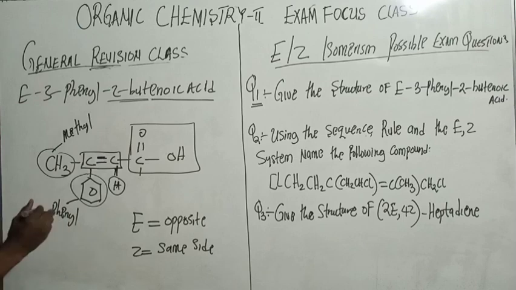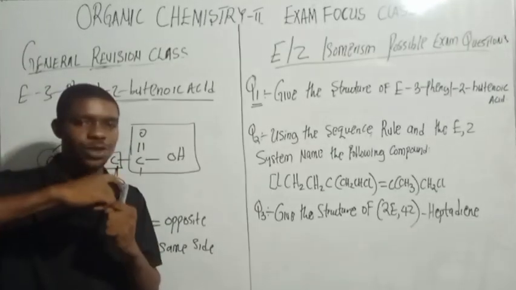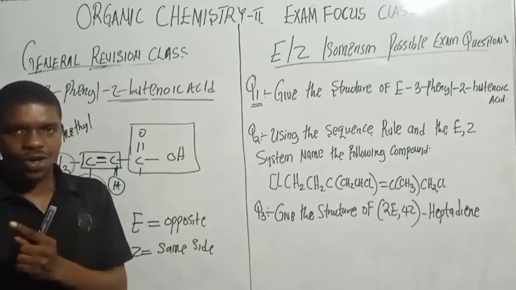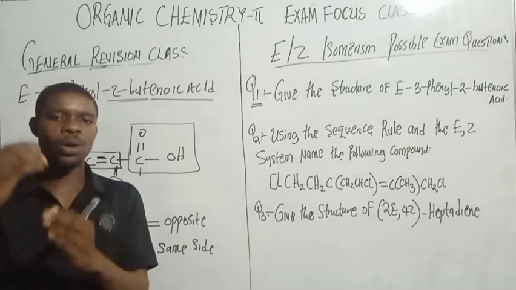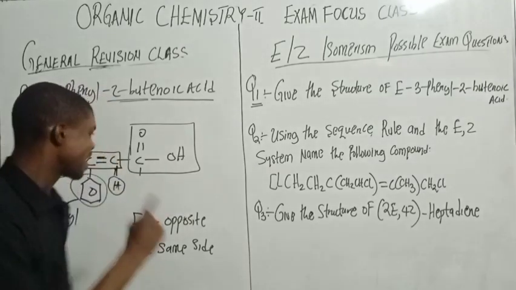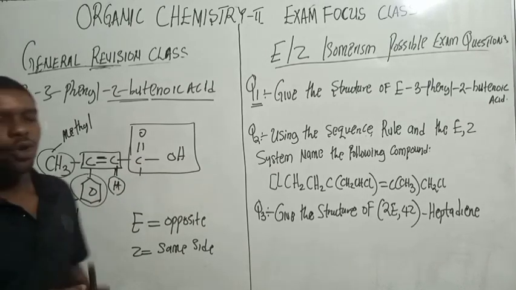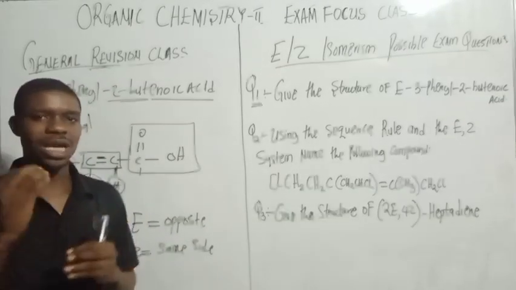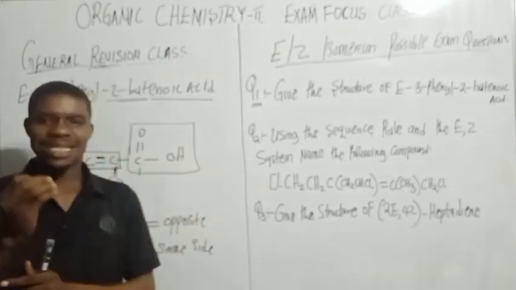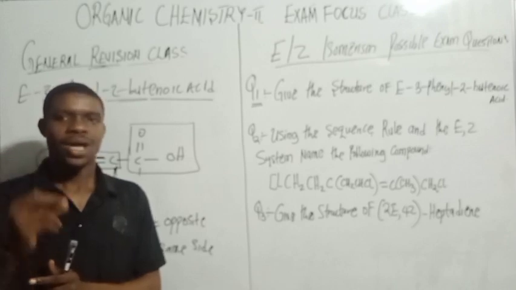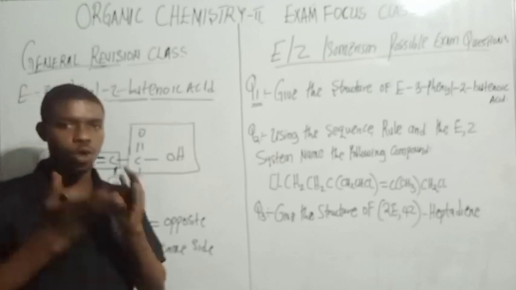Now, we have what we call priority rules. The group that is directly attached to a single carbon atom here, you look at their priority. Do you get that? So the one that comes higher in the sequence rule, you separate it out. They suggest you pay close attention to the sequence rule: atoms with higher atomic number take precedence over atoms with lower ones.